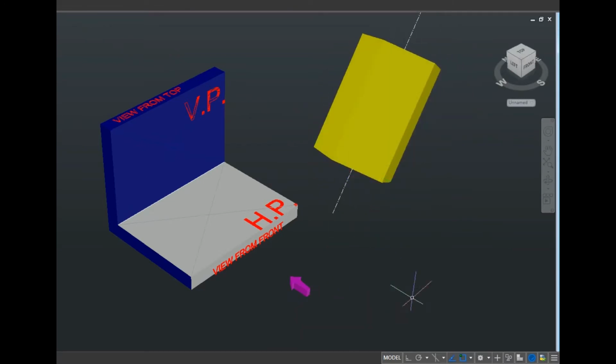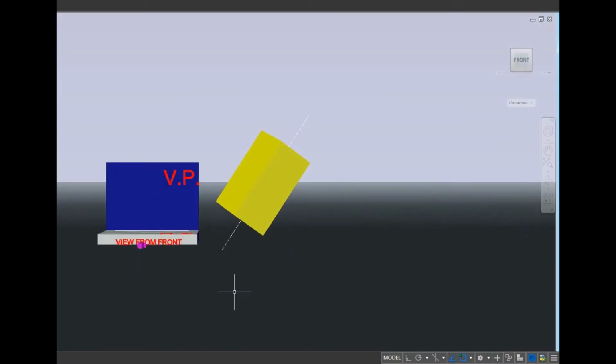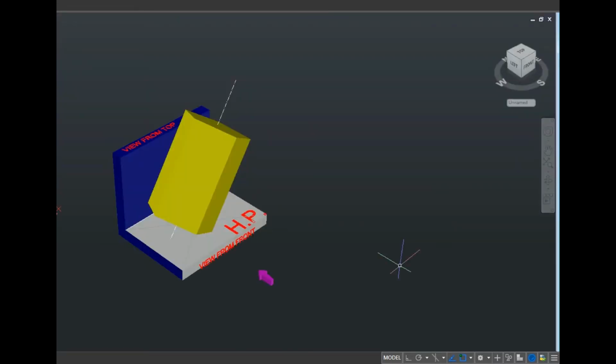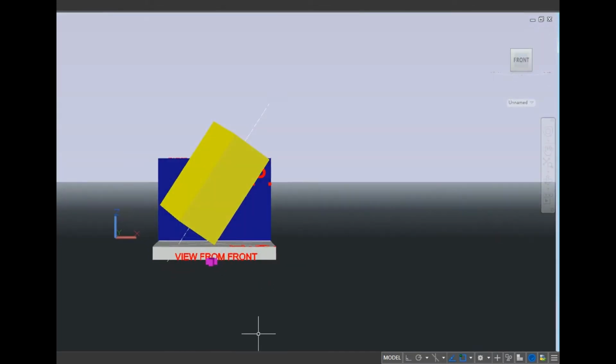So let us say this is the given inclination angle, and when you view it from the front you will easily observe that the face is inclined now, the axis as you can see inclined. Now I have placed this on the horizontal plane. When you see it from the front you observe that one of the edges is directly resting on the HP. So this is going to be our final front view, where you can see two rectangles and the other edges will be visible in hidden lines.